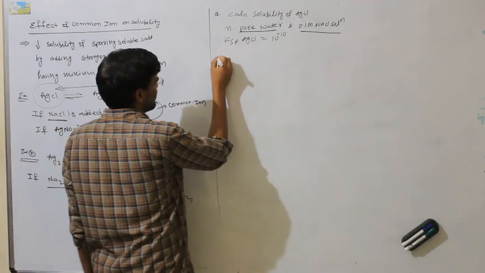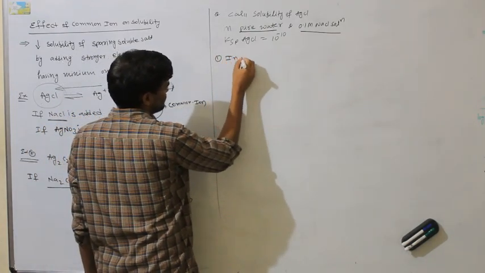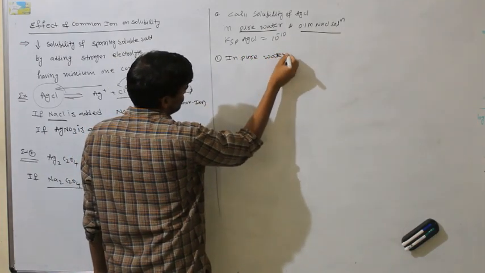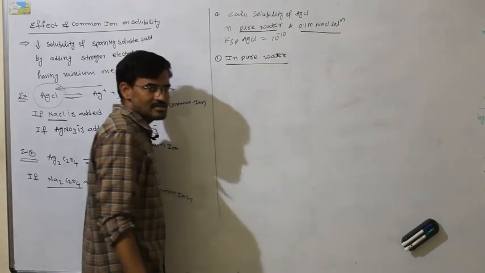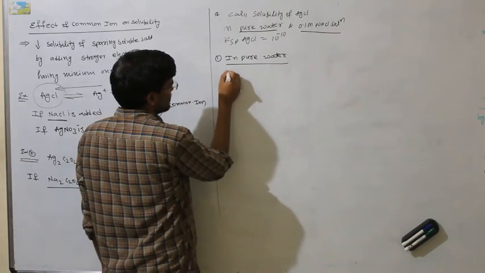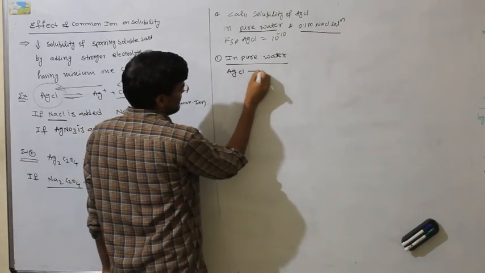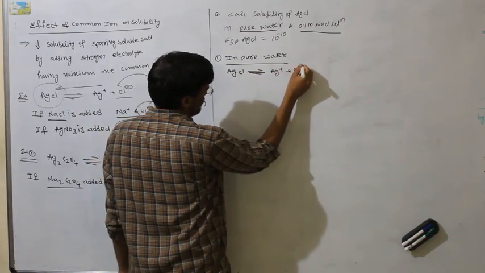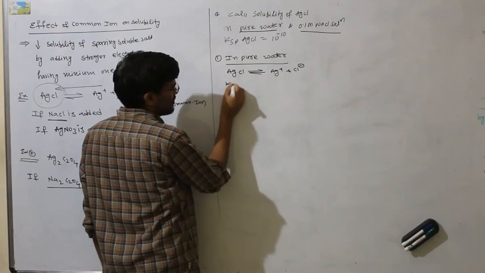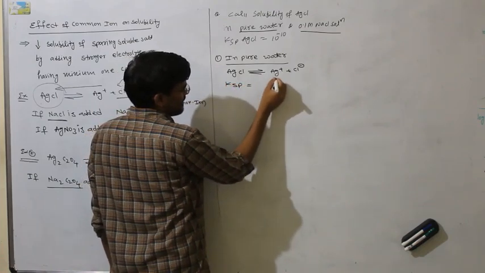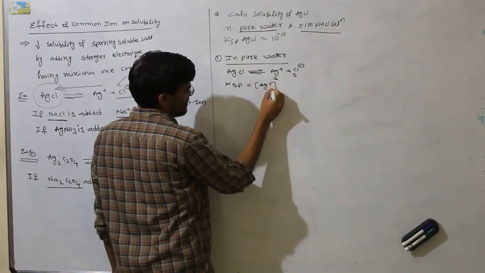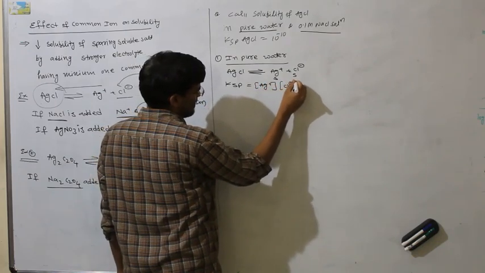First case we will take in pure water. It's the solubility we see. Silver chloride splits into Ag plus and Cl minus. Its Ksp expression will come. It is S, so Ksp equals concentration of Ag plus into concentration of Cl minus.